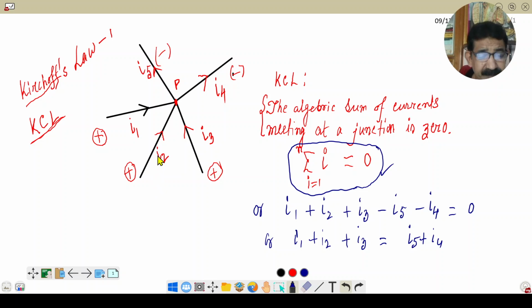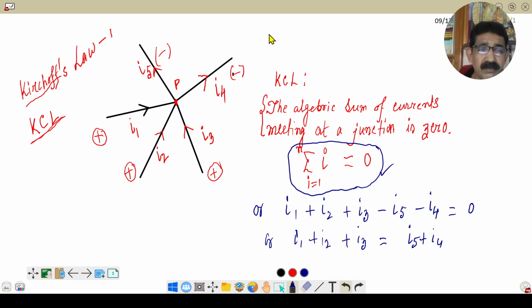You will see some of the problems in your textbook and also in different types of question banks. There are so many different types of problems, and this law will be very useful to determine the current or the resistance in a circuit, and it requires prolonged practice.